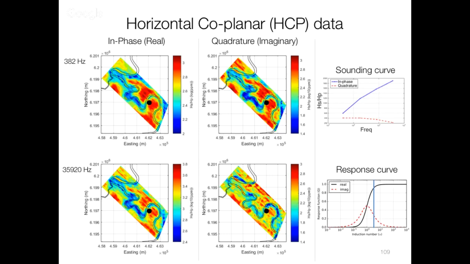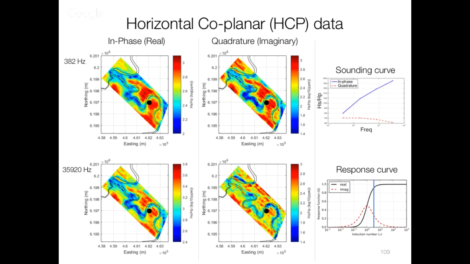That's good. Okay, then it's a frequency domain system, right? So it's got to have some kind of response curve associated with it, right? So I'm looking at my sounding, and I'm looking at this blue part. Oh, that's the in phase part, and here's the quadrature phase part, right?